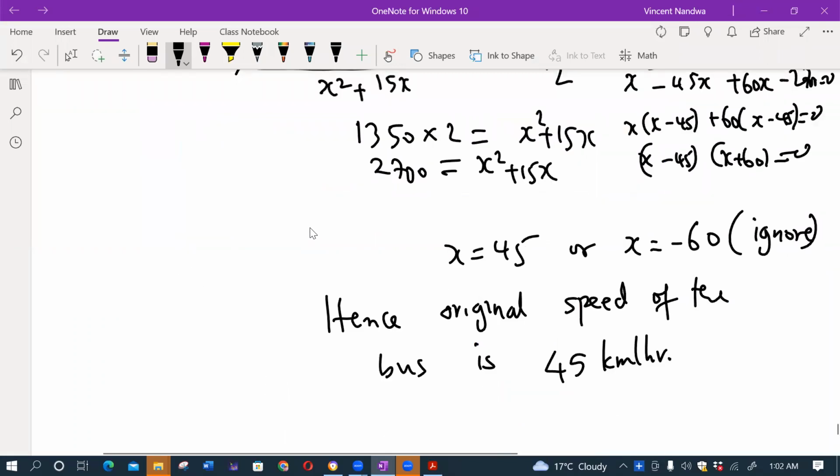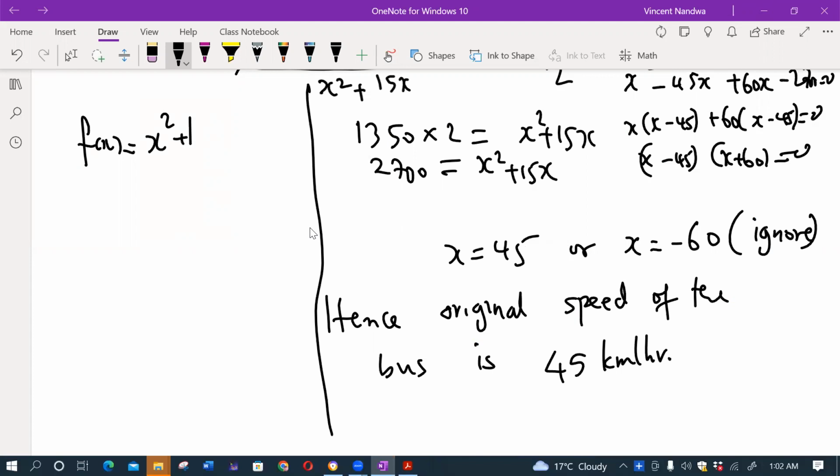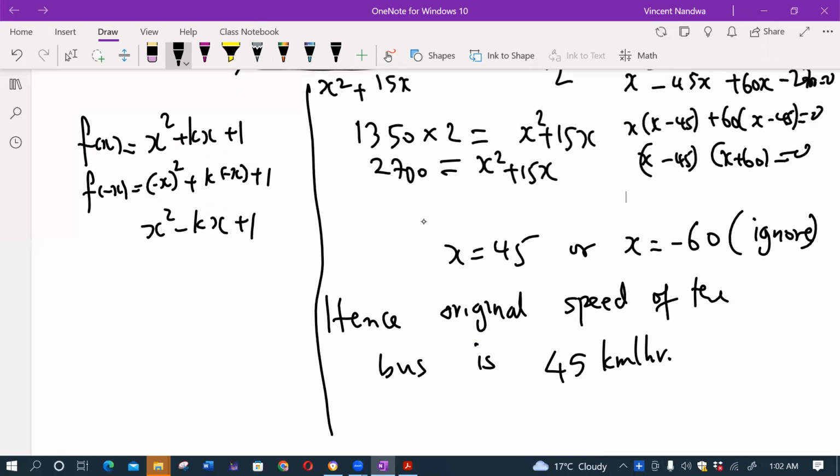So we have f of x given by x squared plus kx plus 1. So f of minus x will be given by minus x squared plus k into minus x plus 1. So it will be x squared minus kx plus 1.